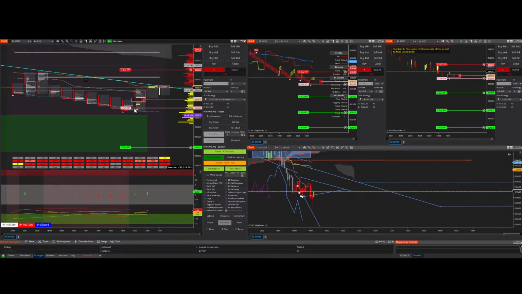Just not a trending market right now. It's not a time to be trading. Lower B4 is showing a little bit of a starting to broaden out there with the volatility bands.